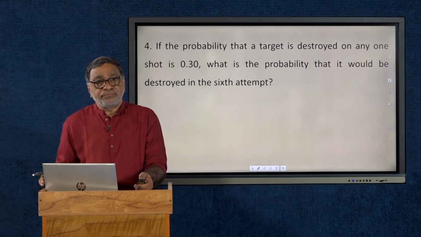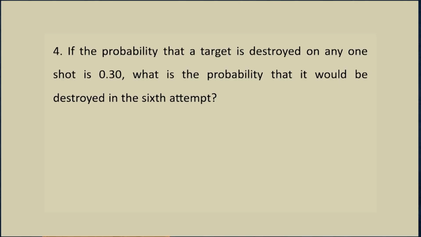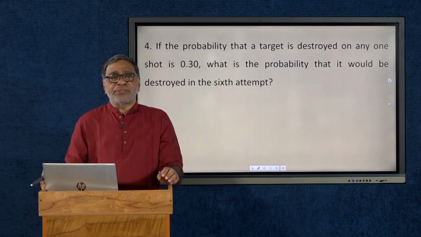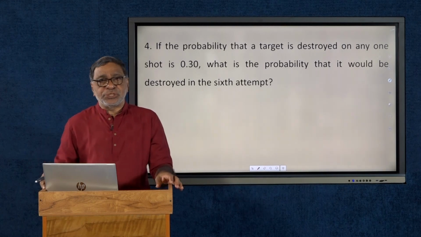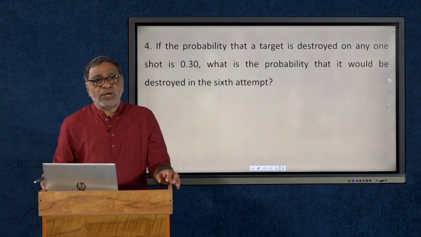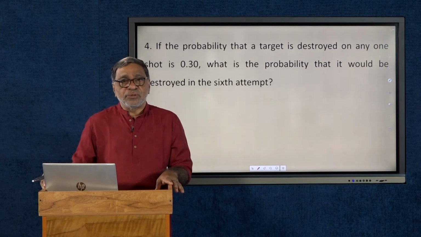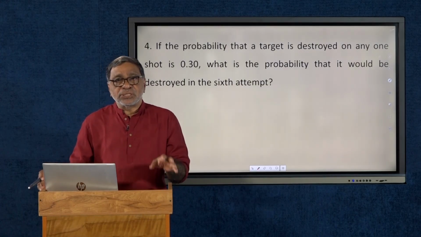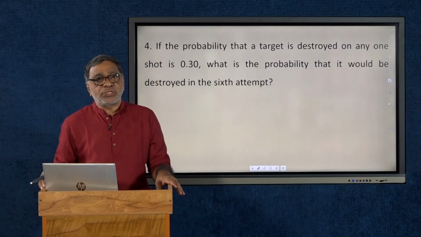Another example: if the probability that a target is destroyed on any one shot is 0.30, what is the probability that it would be destroyed in the 6th attempt? This is also a question usually asked in some practical situations, practical problems. We have to address this type of question.